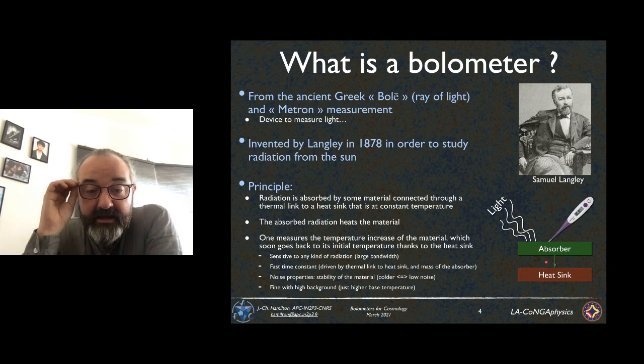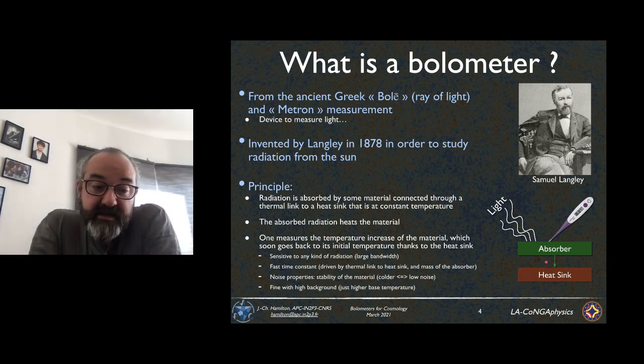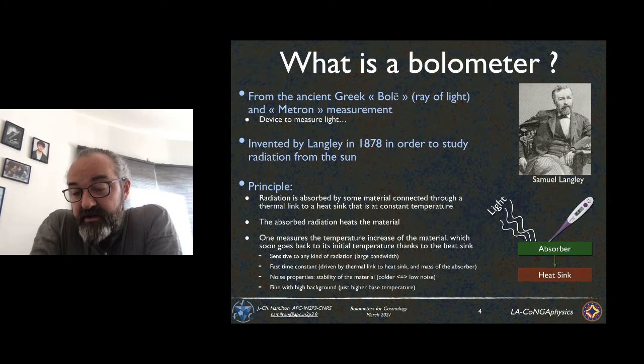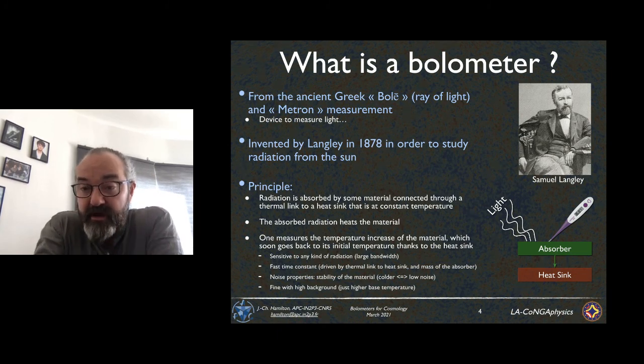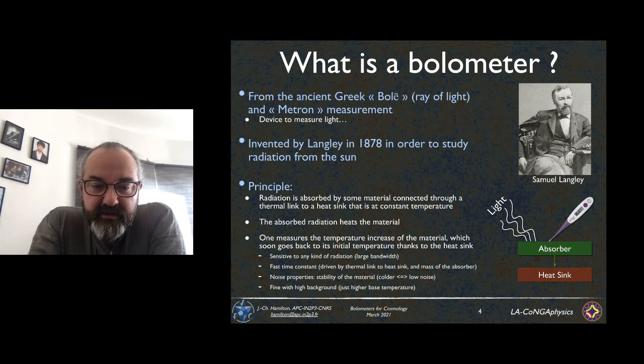Okay? So the good thing here is that they're sensitive to any kind of radiation, which means that they have a very large bandwidth, which means that you can accumulate photons over large bandwidth, which is a good thing. They have a fast time constant, which, as we'll see in a moment, is driven by the thermal link to the heat sink, as well as the mass of the absorber. They have impressive noise properties that we will try to study in a moment.